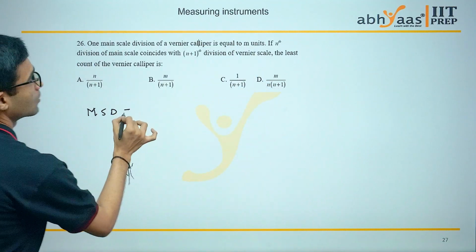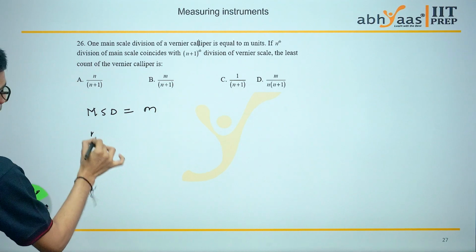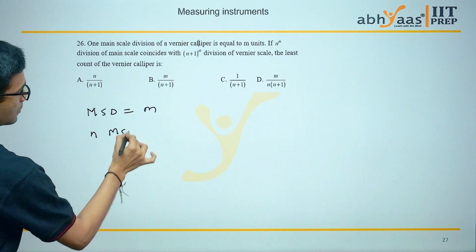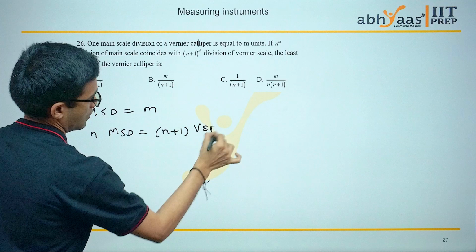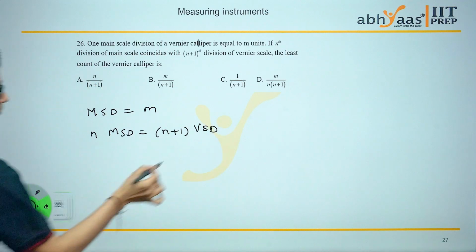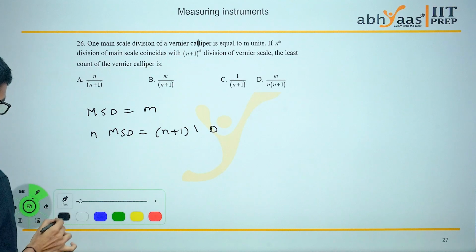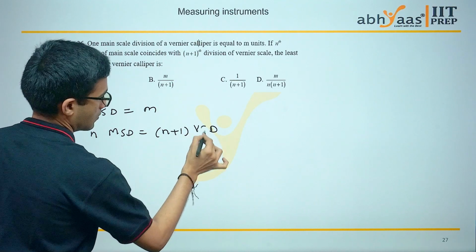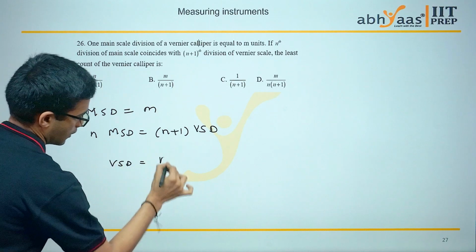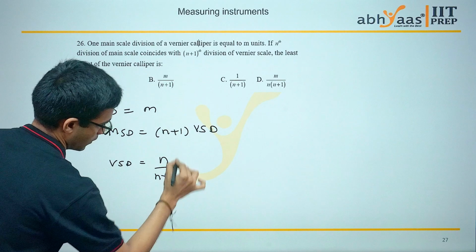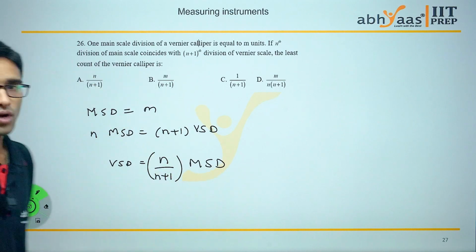Main scale division is equal to M. Now, N MSD equals N plus 1 VSD. From this, VSD is equal to N by N plus 1 MSD.